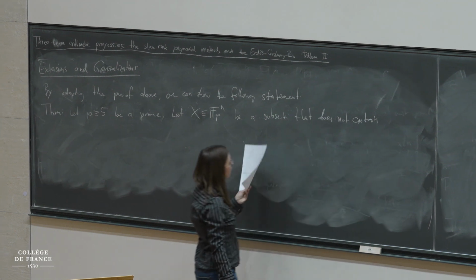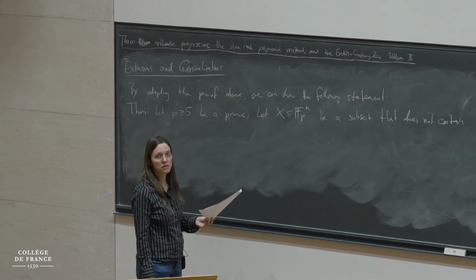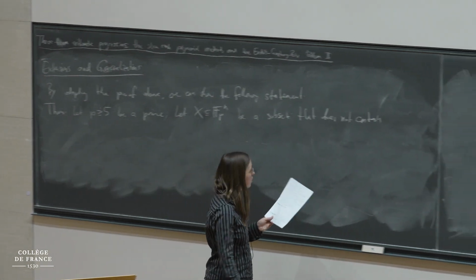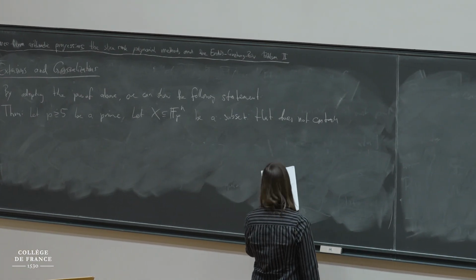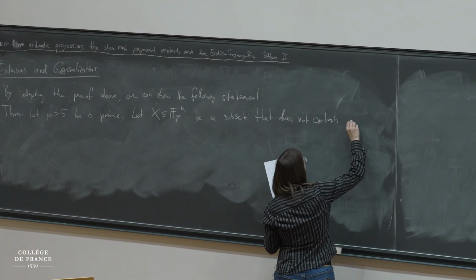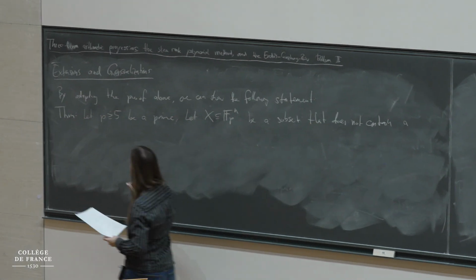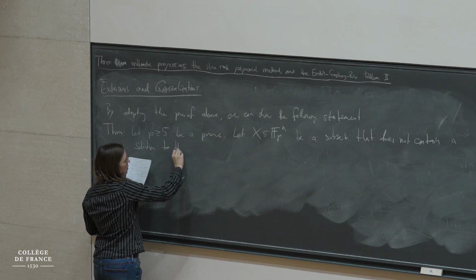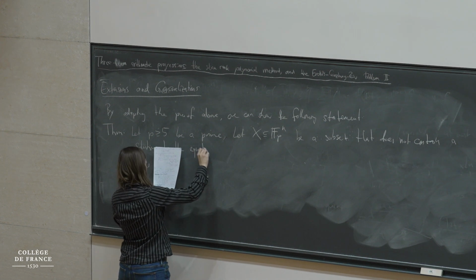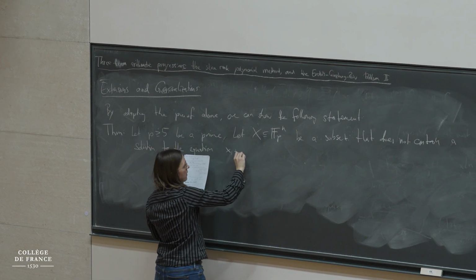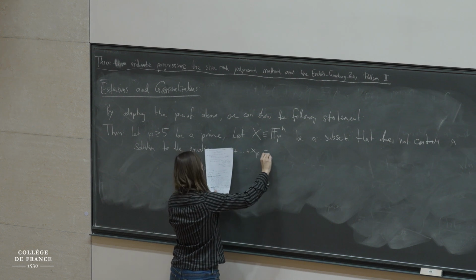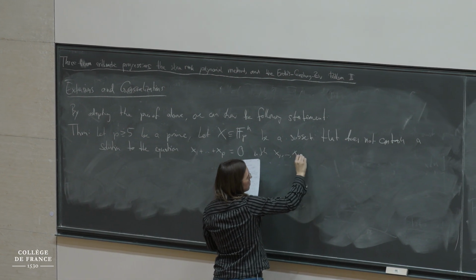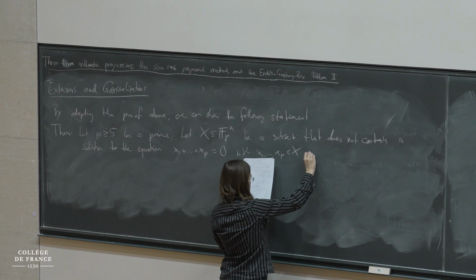Previously we excluded from X 3-term progressions, so we excluded solutions to the equation x minus 2y plus z. Now we exclude solutions to a different equation: x_1 plus and so on plus x_p equals 0, with x_1 to x_p in X not all equal.